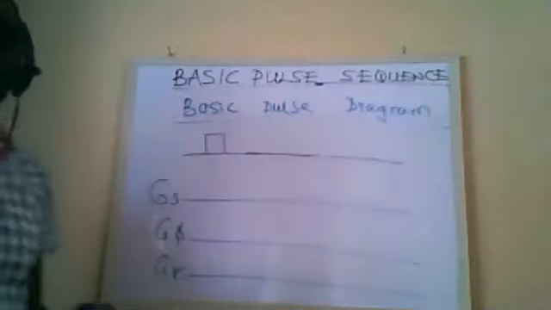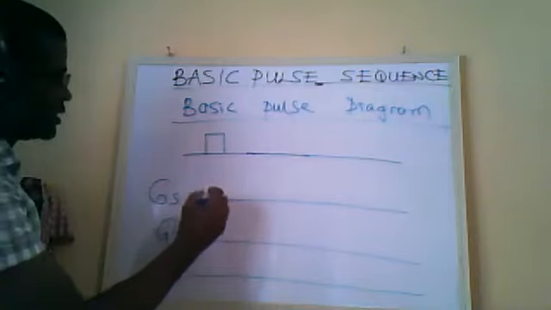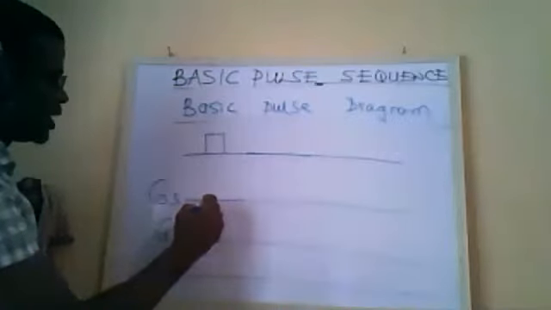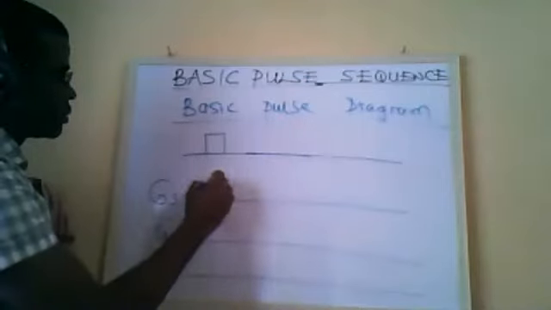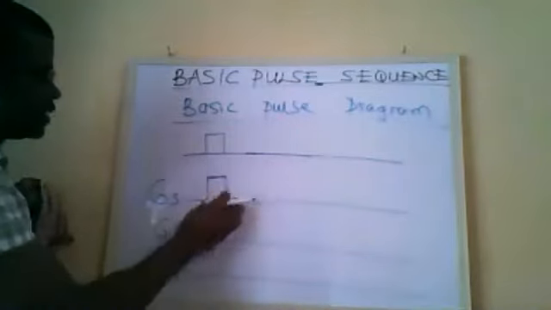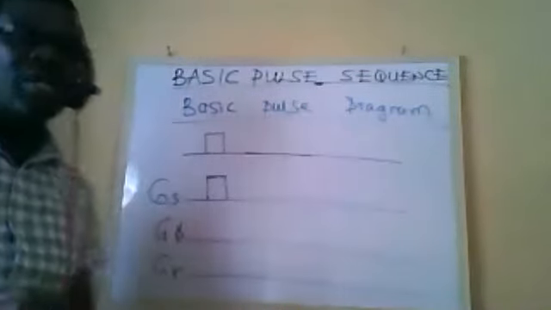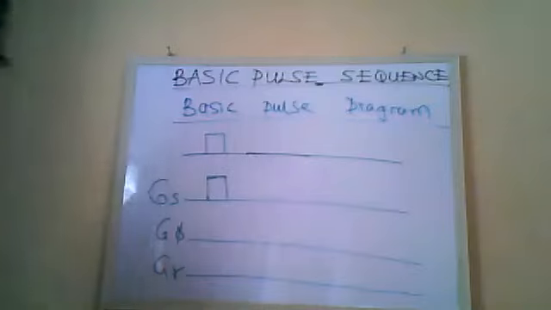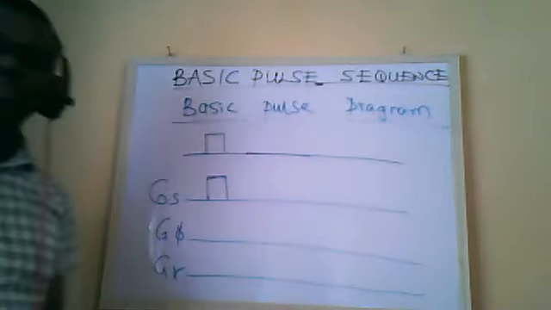When you apply the 90-degree pulse, you have to select this slice. It has to be selected immediately you apply the 90-degree pulse, because if you don't, the two steps are done simultaneously, and then one is actually doing nothing.